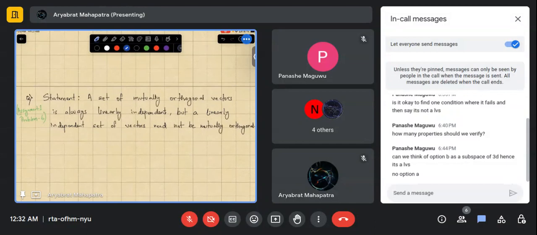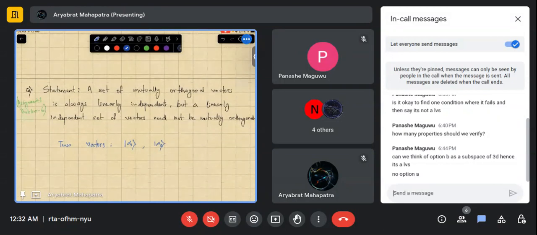Let's say you have two vectors, alpha 1, alpha 2. These are in Dirac's vector notation.